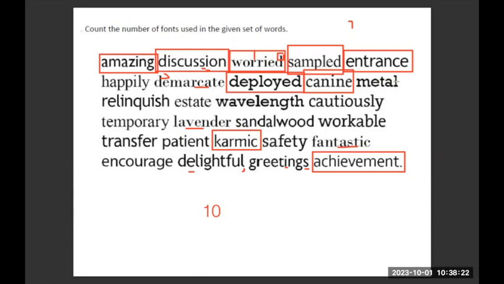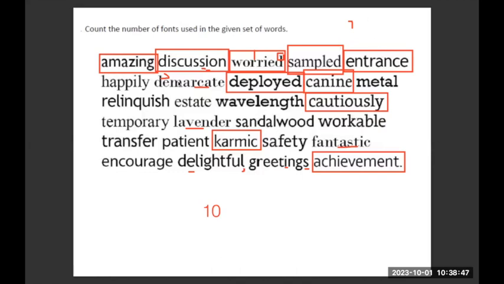A is different. Yes, cautiously will be the one. I don't know who said that, but thank you for this. Abhi, thank you so much for this. Yeah, so 10 aayega basically. This is the correct one.